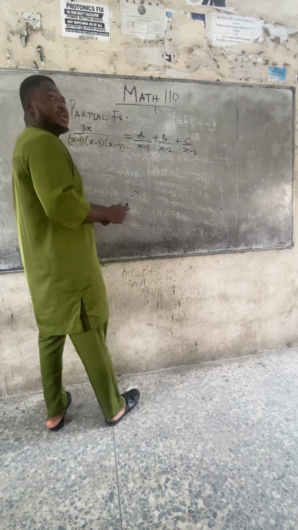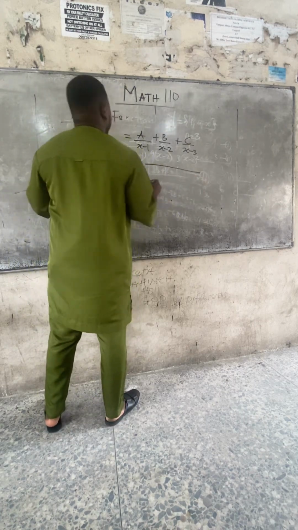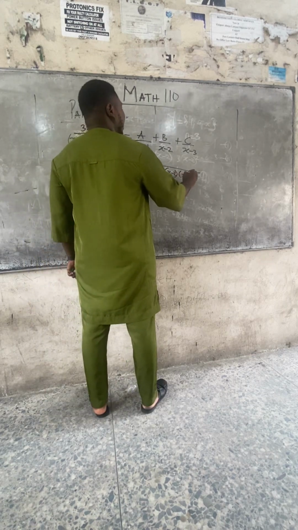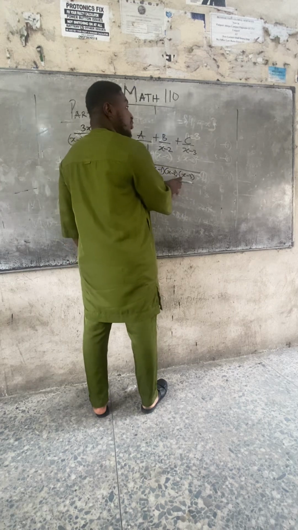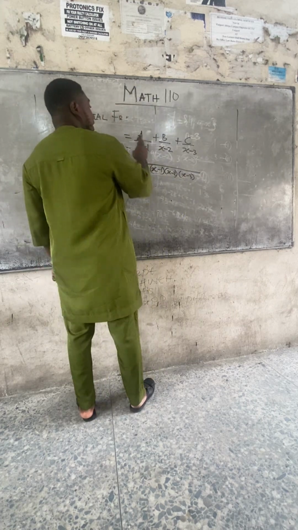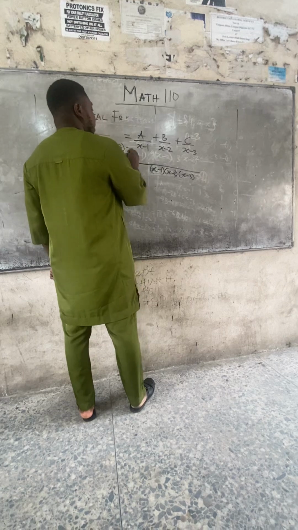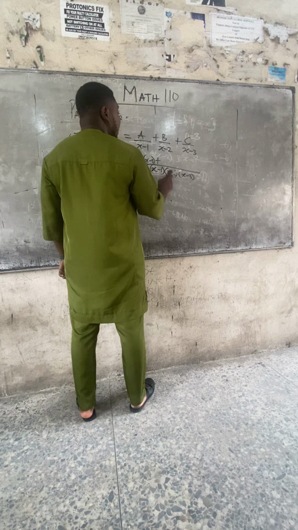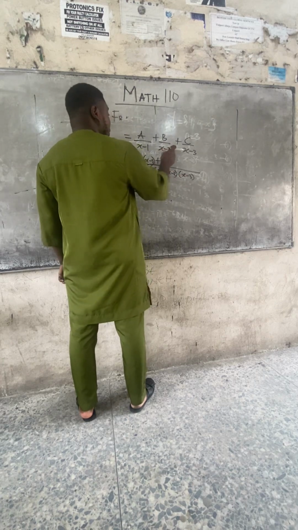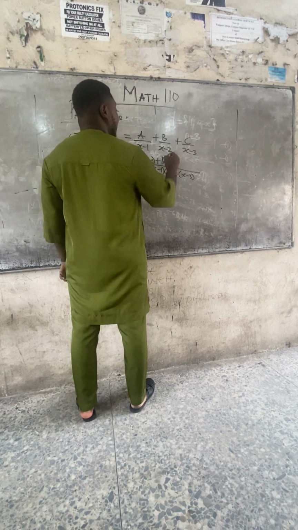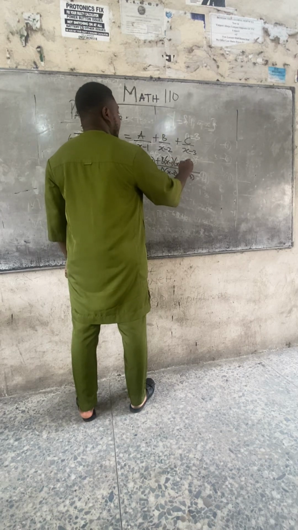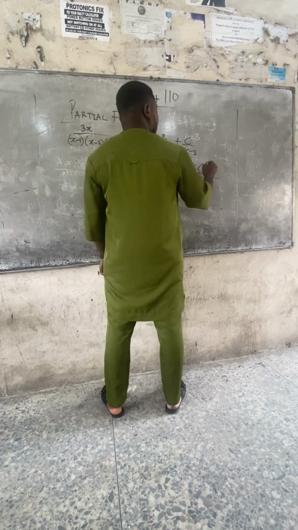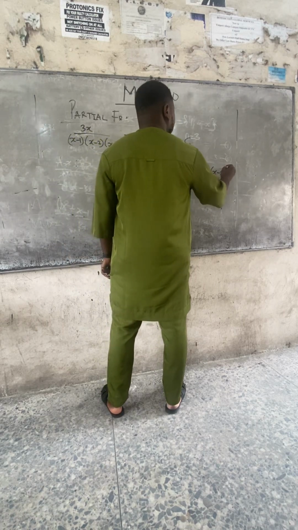So class, find the LCM. x minus 1, x minus 2, x minus 3 divided by x minus 1 is a into bracket x minus 2, x minus 3, plus x minus 1, x minus 2, x minus 3 divided by x minus 2, b into bracket x minus 1, x minus 3. Plus c into bracket x minus 1, x minus 2.